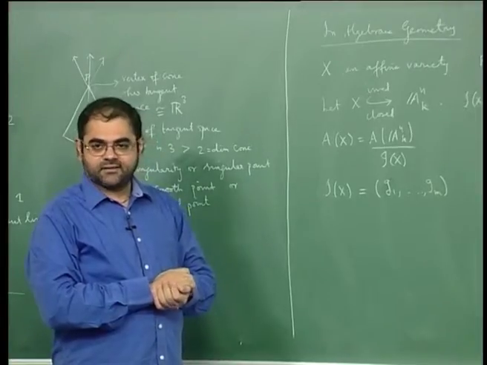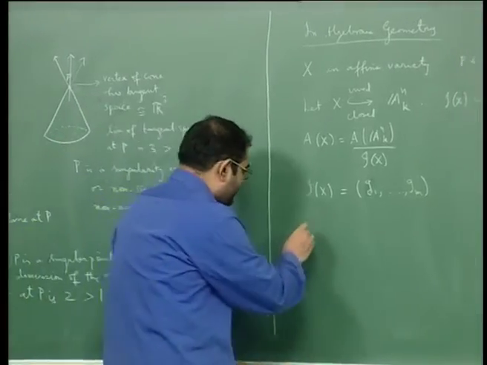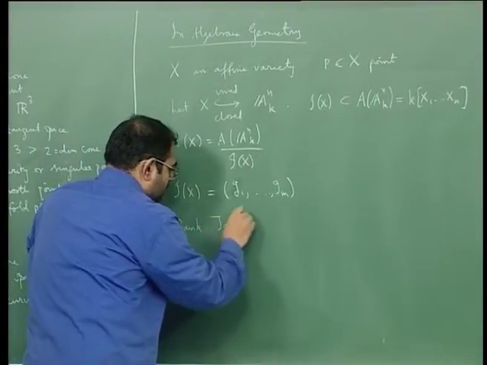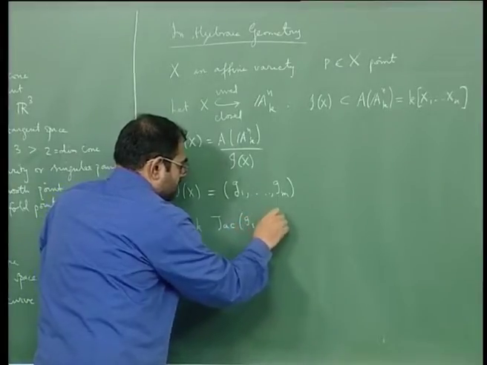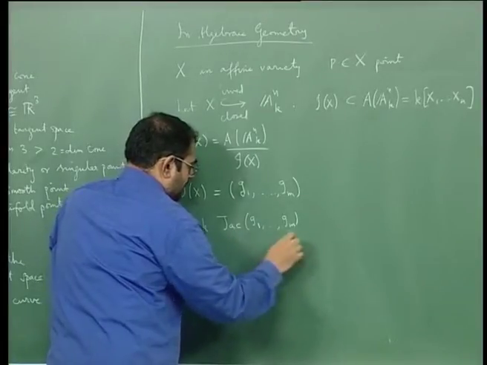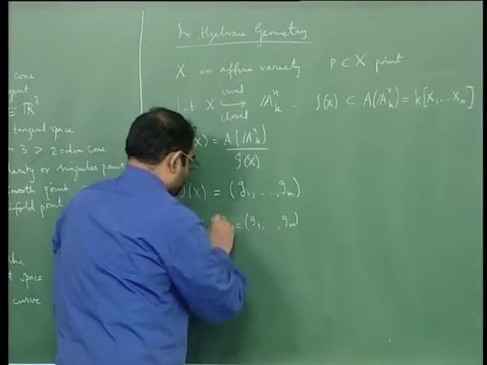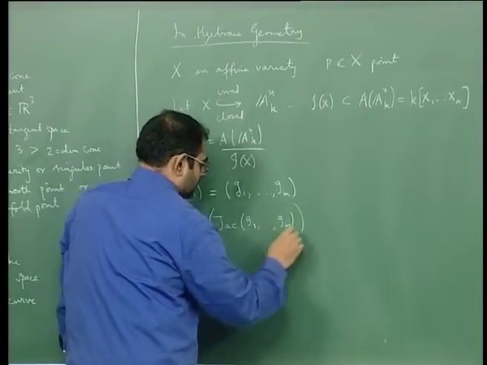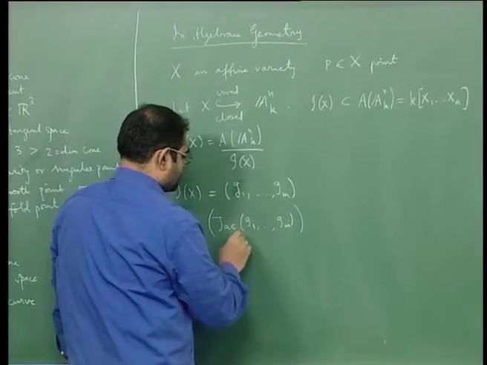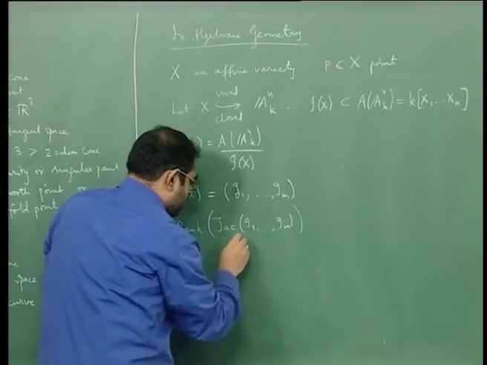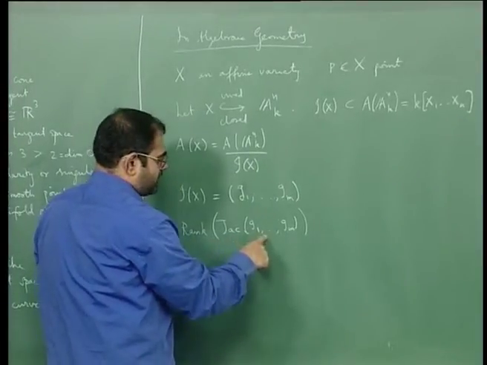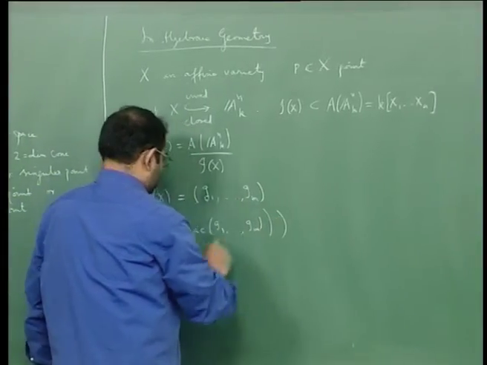So let me write it like this: calculate the rank of the Jacobian of G1 through Gm with respect to these variables at the point P.